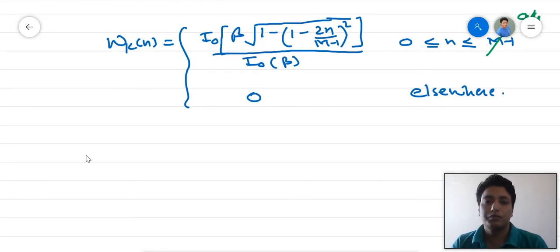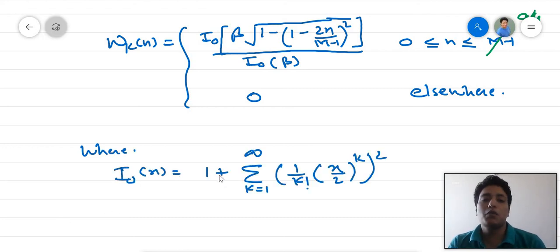where I naught x is equal to 1 plus summation k equals 1 to infinity of (1 by k factorial (x by 2) to the power k) whole square.